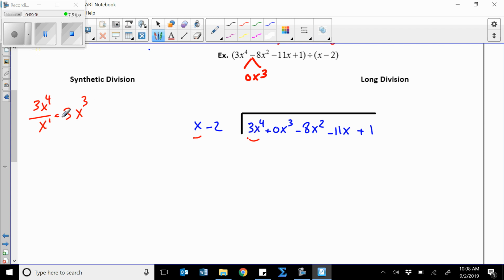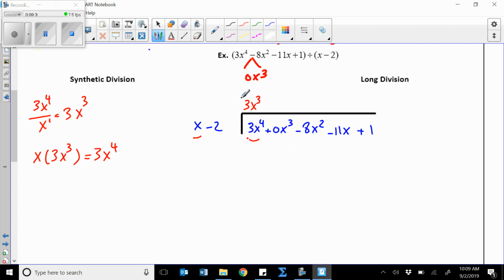If this is hard for you to figure out, you can also ask what number x should be multiplied by to get 3x to the 4. That's 3x to the 3. Whatever works for you, you can use that. So I'm going to write 3x cubed here.